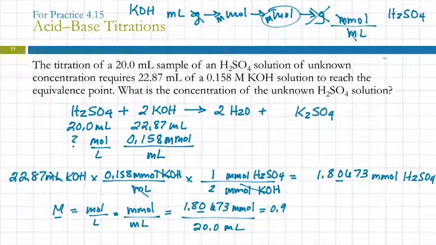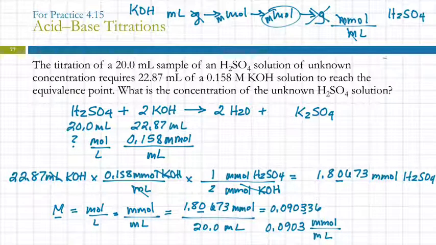Nope, I screwed up. It's 0.903. Well, zeros are important. 0.0903 millimoles per milliliter. But to get molarity, all I do is cancel out the millis. Any questions?